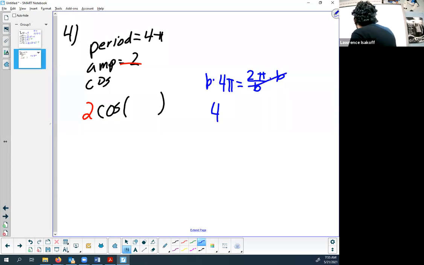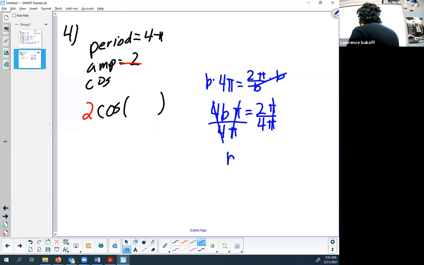So that gives me 4b pi is equal to 2 pi. I can divide both sides by 4 pi. The pi's cancel, the 4's cancel. So b is equal to 2 over 4, or 1/2.